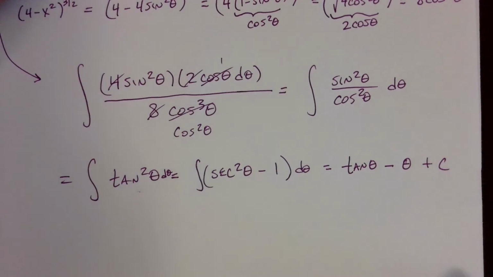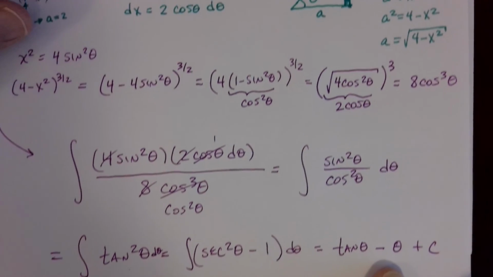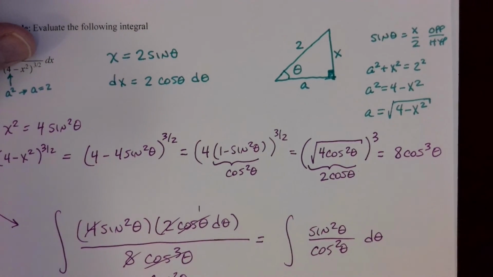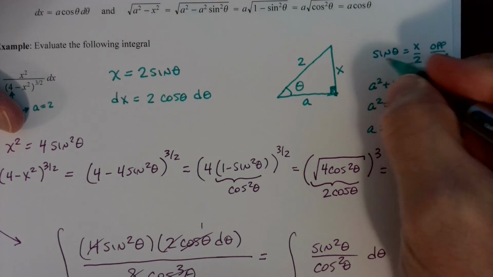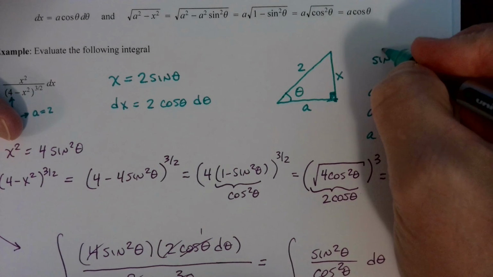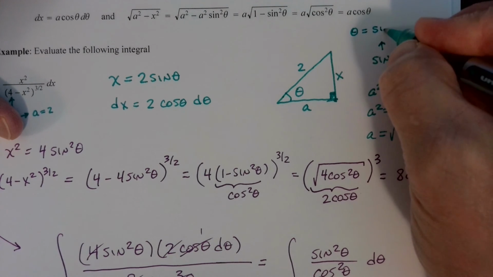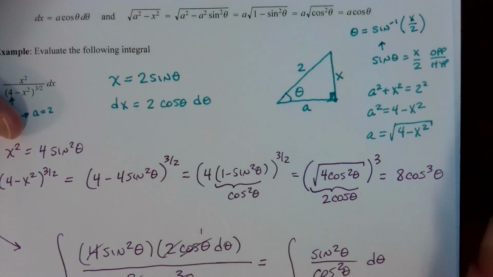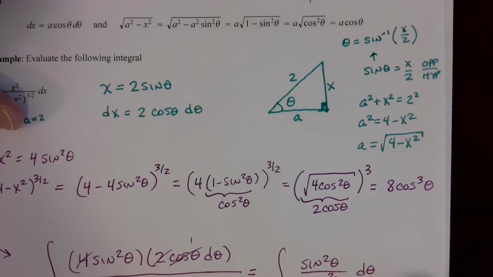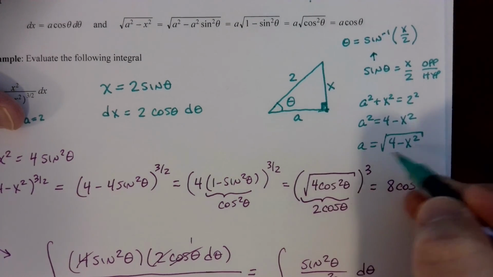Now, the question is, what is tangent theta and what is theta in terms of our original variable? Well, let's go up here. So first of all, since sine of theta is x over 2, I know that theta is the inverse sine of x over 2. And I have my right triangle. I know a is equal to this.